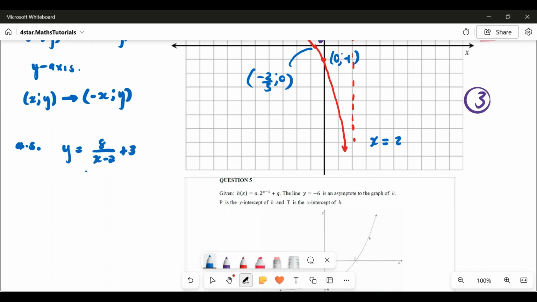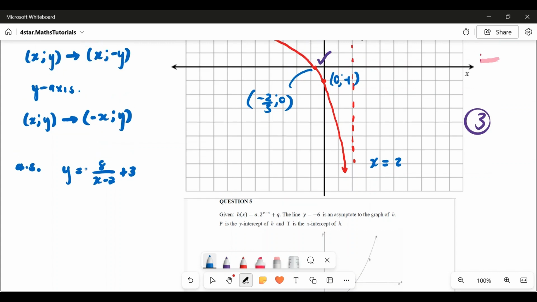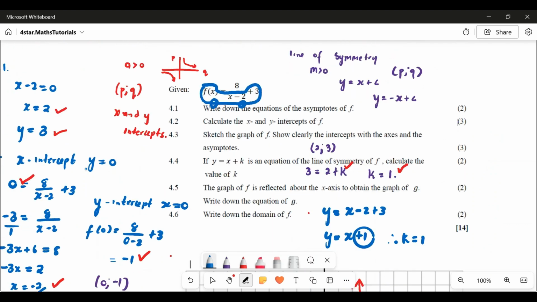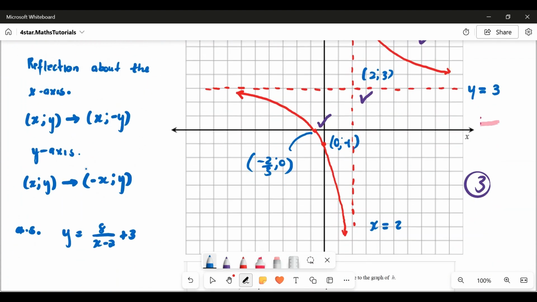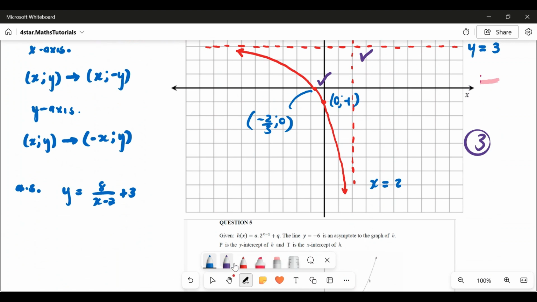From this equation, we are just going to write it in the form of y because I need to reflect it about the x-axis. Remember, for reflection about the x-axis, x must remain the same. So this is y, we're going to multiply it by negative.